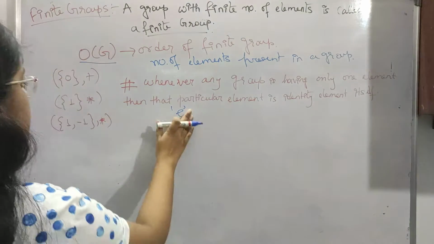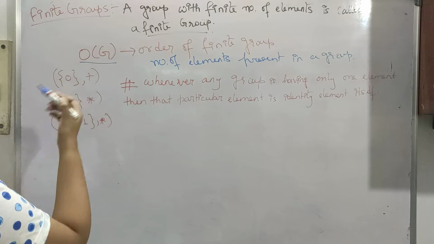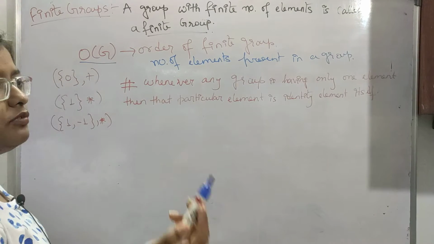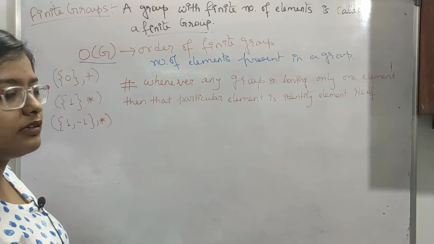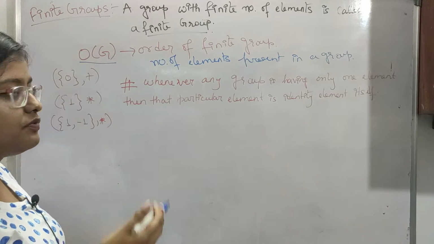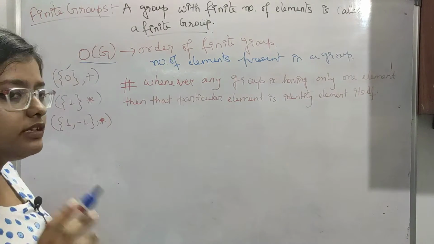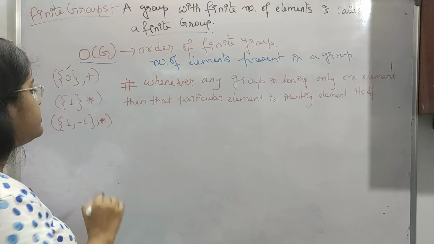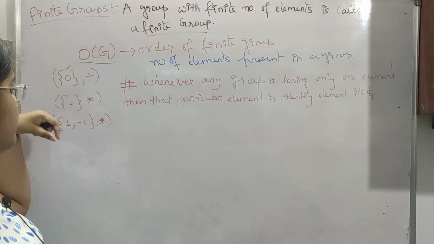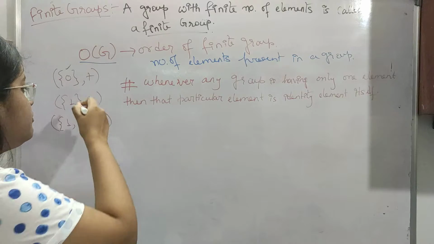Now let's see this example. 0 with plus: anything we add 0 with, no matter how many times 0 is added, it will be 0 only, because the set contains only 0. Then 1 with star: anything multiplied with 1 again and again will give you 1 only.